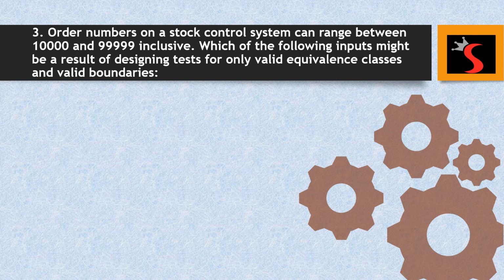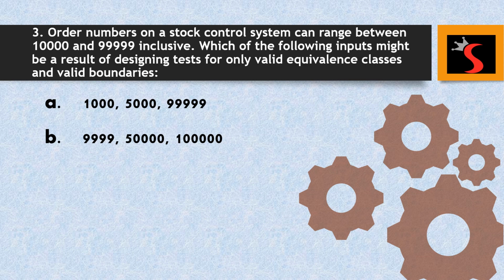Order numbers on a stock control system can range between 10,000 and 99,999 inclusive. Which of the following inputs might be a result of designing tests for only valid equivalence classes and valid boundaries? A. 1000, 5000, 99,999.